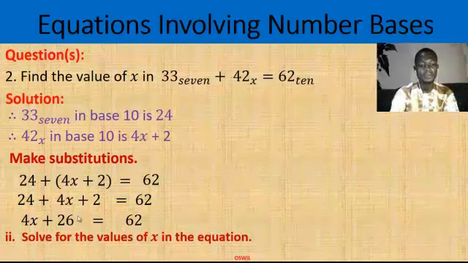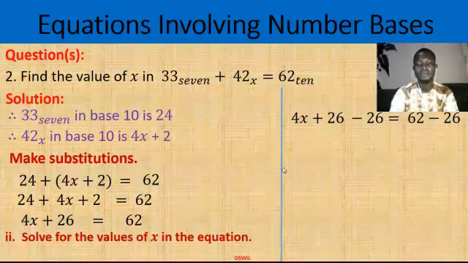So here, 26 has the additive inverse of negative 26. So we add negative 26 to both sides, or in short, we subtract 26 from both sides of the equation above.